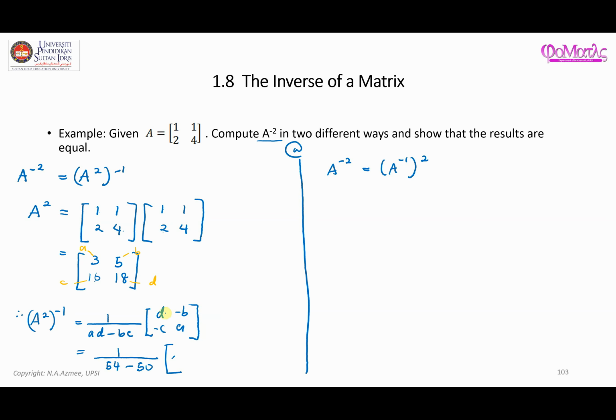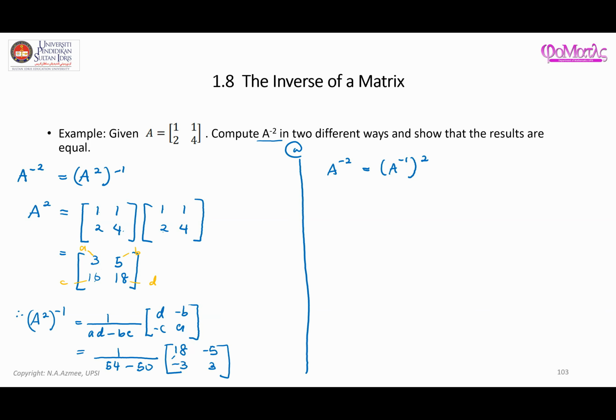And here, D and A will switch places, 18 and 3. Here, we will assign negative to B and C. So here we have negative 5 and negative 3.